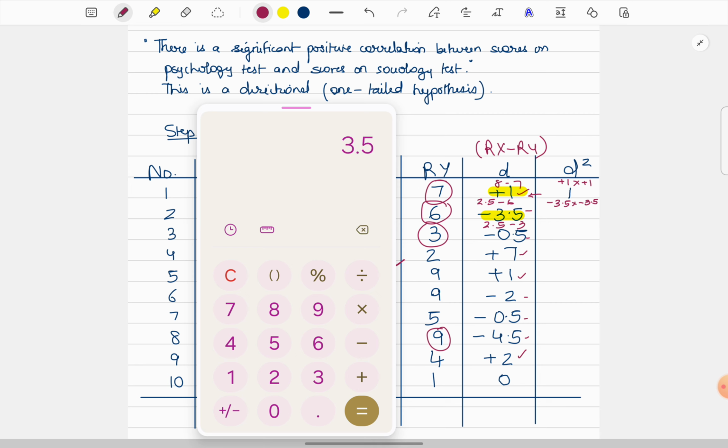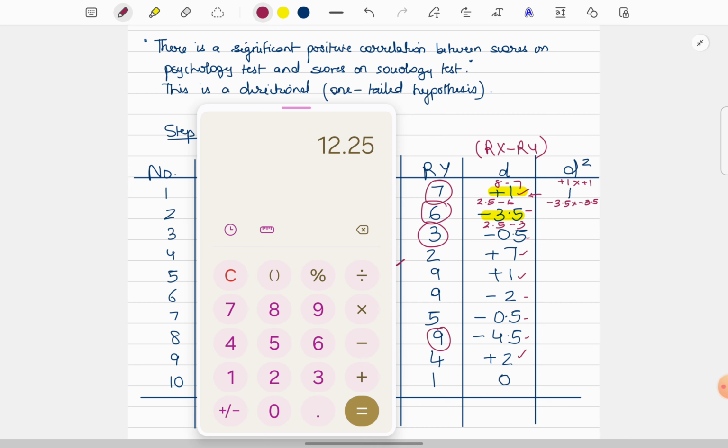3.5 you have to press on the calculator. Press the multiplication sign. Again press 3.5. Press the equal to sign. Whatever result is coming, just enter that in the cell. Now you must have noticed it is minus 3.5, but I have entered only 3.5. When we multiply negative numbers by themselves, or when we square a negative number, the result is always positive.